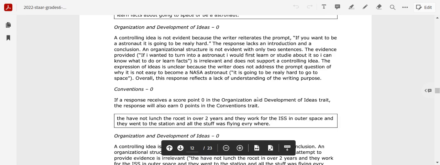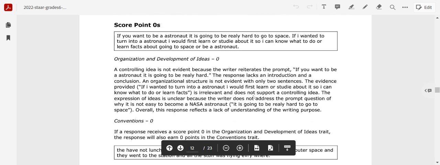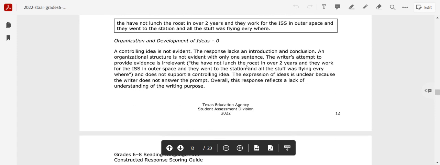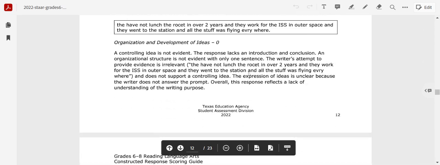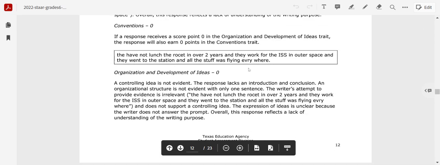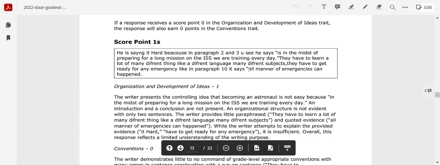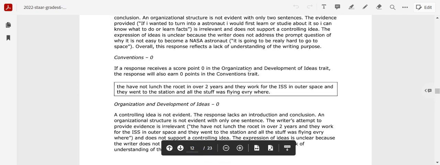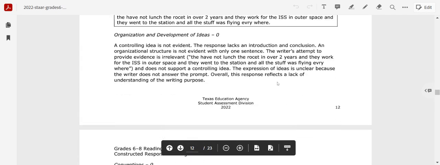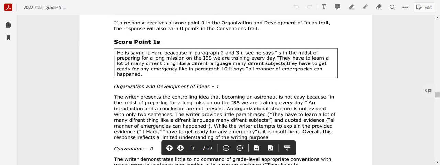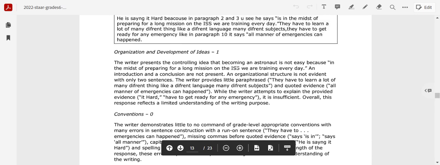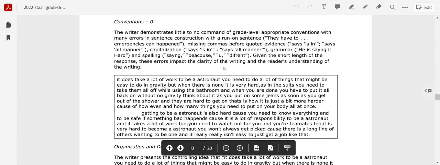And then you can have those discussions afterwards about, this got a 0 for both. If it gets a 0 for organization and ideas, then it's automatically a 0 total. This is also a 0. And I would just talk to your students about how it's not enough information to really score. This one got a 1 out of 3 for organization, but a 0 for conventions.